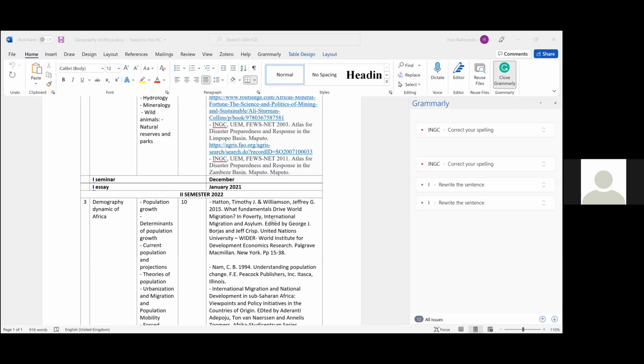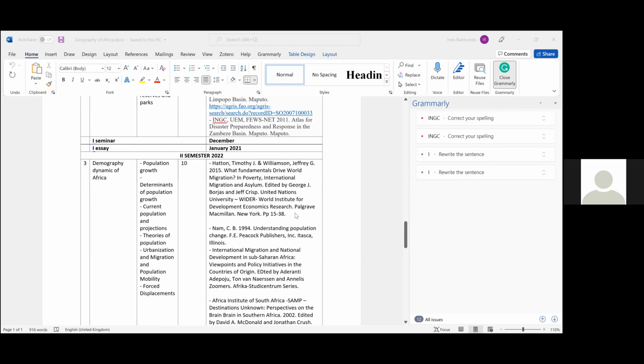I'm also suggesting here some readings about demography. And I myself have a lot of publications on migration, some in Portuguese, unfortunately, and some in English.